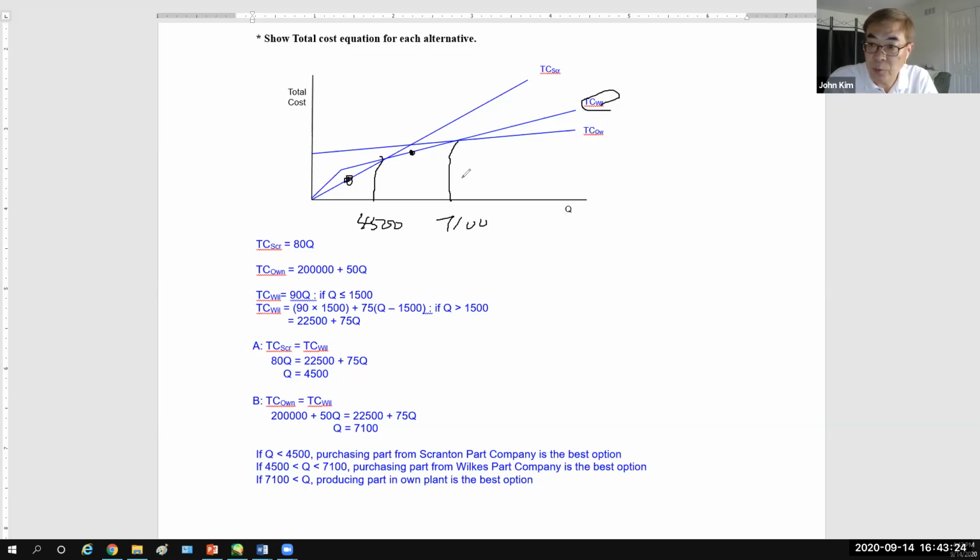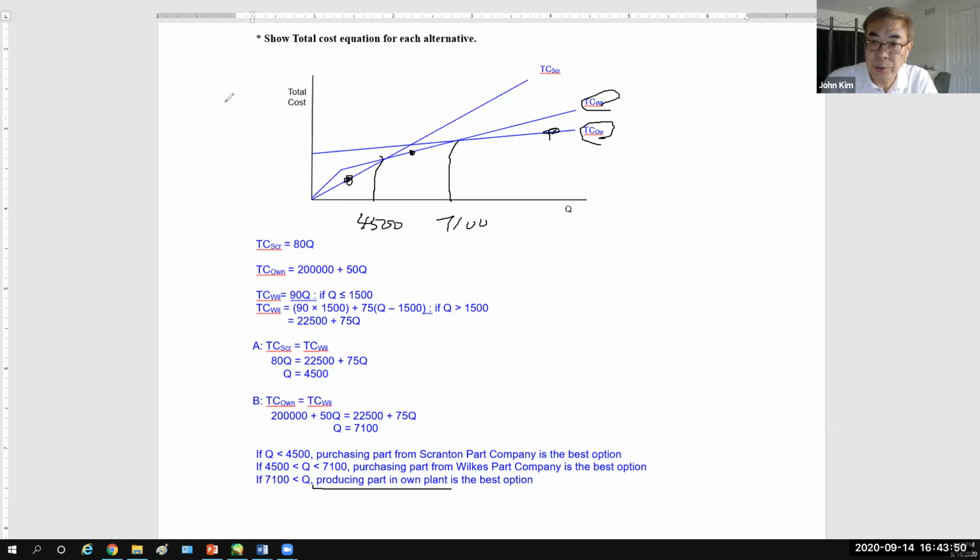And more than 7,100, this one is lowest. So if Q is greater than 7,100, producing parts in our own plant is the best option.